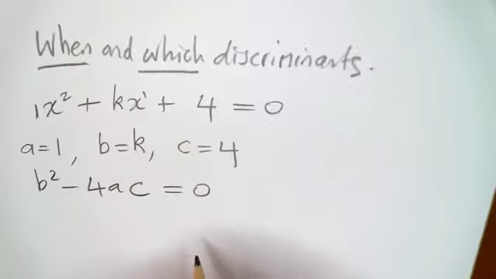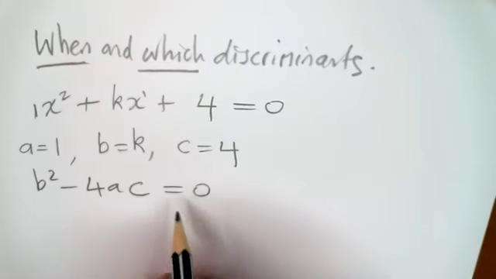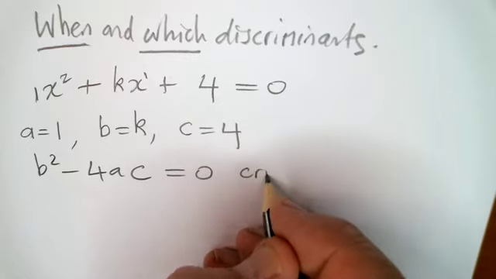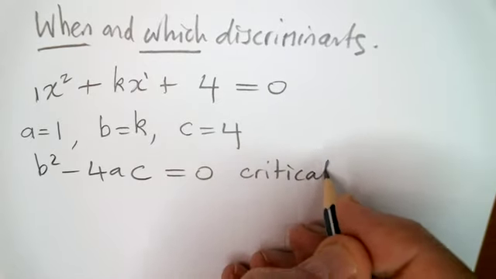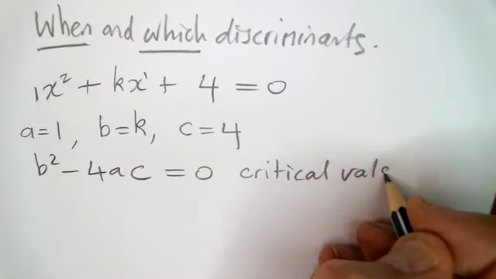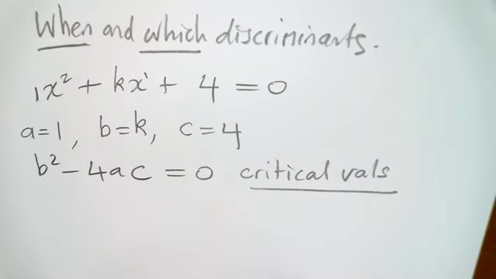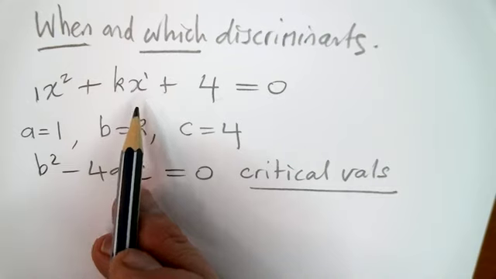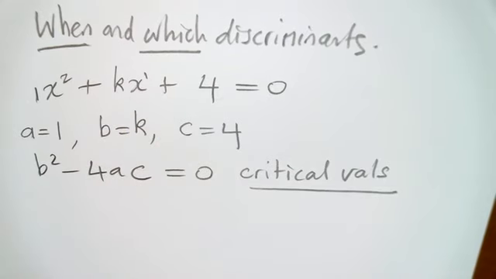Now, of course, which discriminants to use? You're making it equal to 0 because we want to find the critical values. Whenever you want to find the critical values of, in this case, an unknown coefficient of x, we always make it equal to 0.